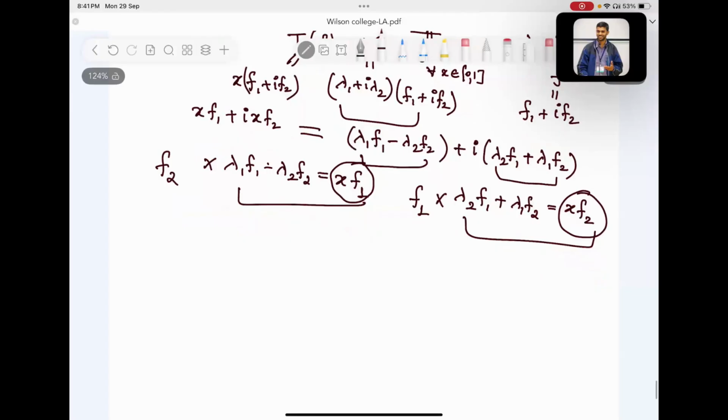Lambda 1 f1 f2 minus lambda 2 f2 square is equal to lambda 2 f1 square plus lambda 1 f1 f2. Right?